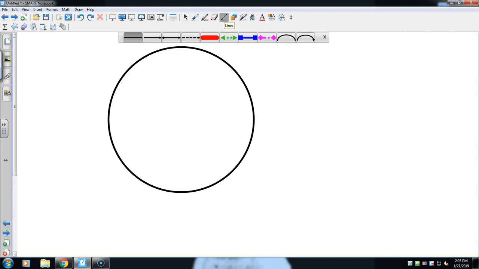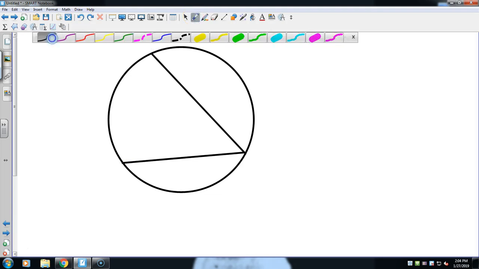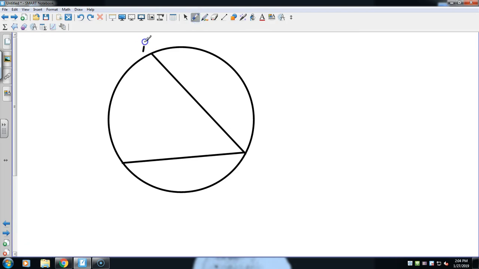Let's draw one from over on this side. We'll call this ABC. And let's say that that was 120 degrees, and that this was 100 degrees.